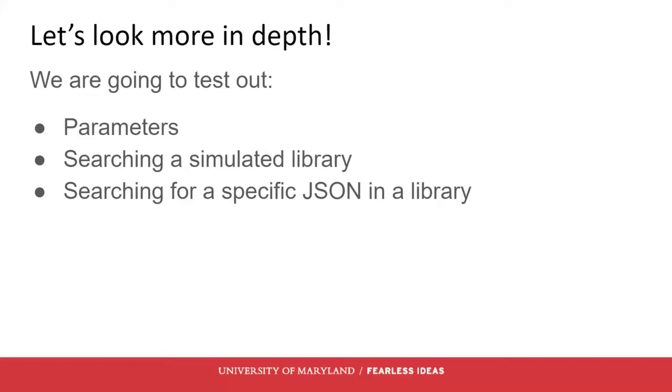And last, we're going to simulate JSONs in a local library as well. So just an array with a couple of different JavaScript objects. Again, JSON is just JavaScript Object Notation. So it's saying that you're creating JavaScript objects. We'll talk a little bit more about that when we get to APIs in the next video, but that's essentially it. So let's jump into it.